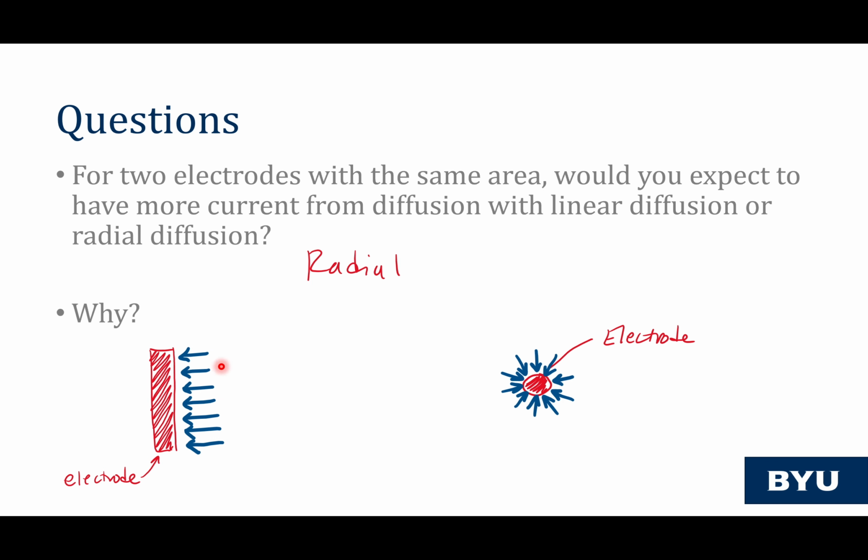So as time goes on, we're not accessing more and more of the solution. But with radial diffusion, you'll notice as time goes on and the diffusion layer continues to grow larger and larger, which will lead to more current at our electrode.